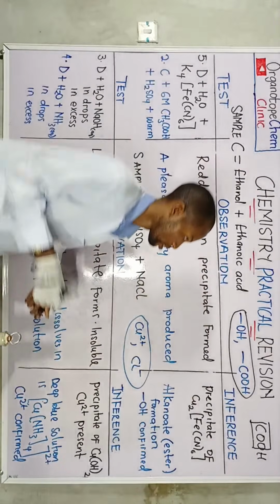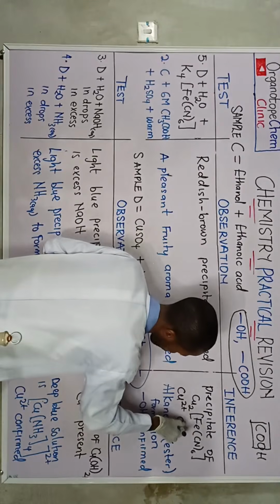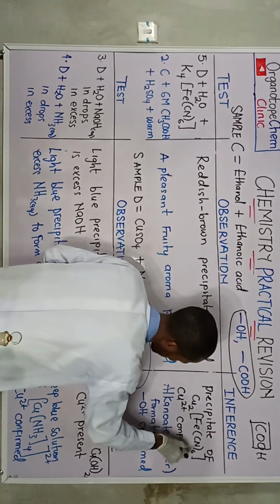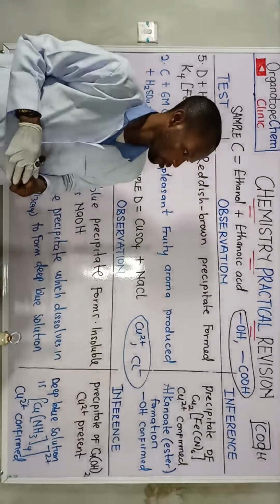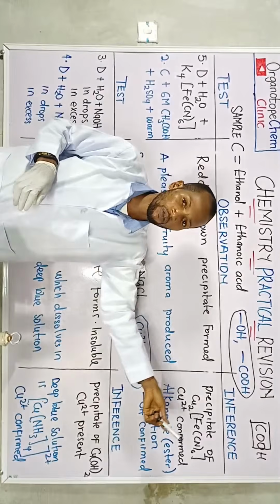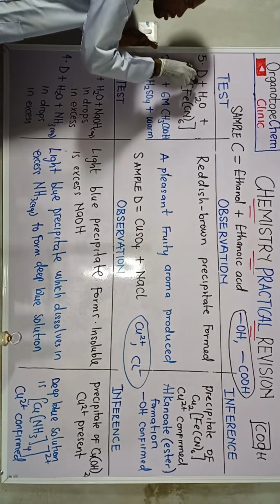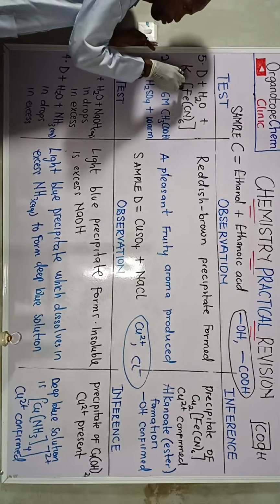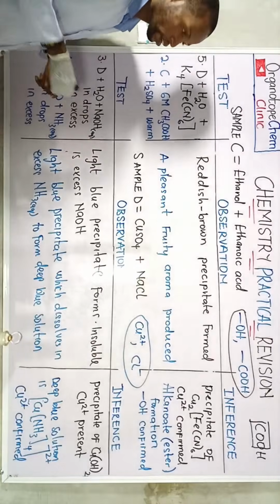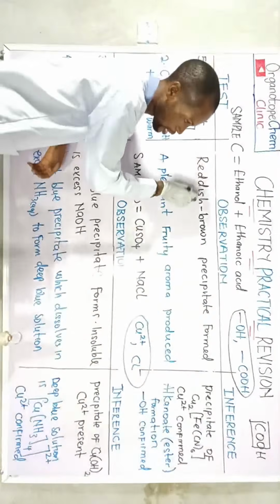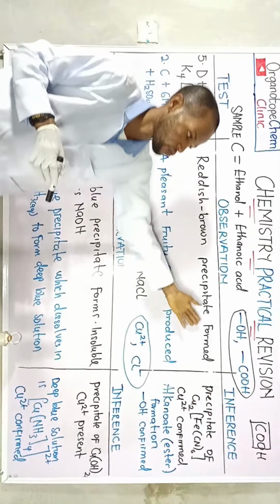Then you have Cu2+ confirmed. This is a confirmatory test also. Write Cu2+ confirmed if this is clear. The test is solution D plus the potassium hexacyanoferrate(II). So the expected observation is a reddish brown precipitate formed.